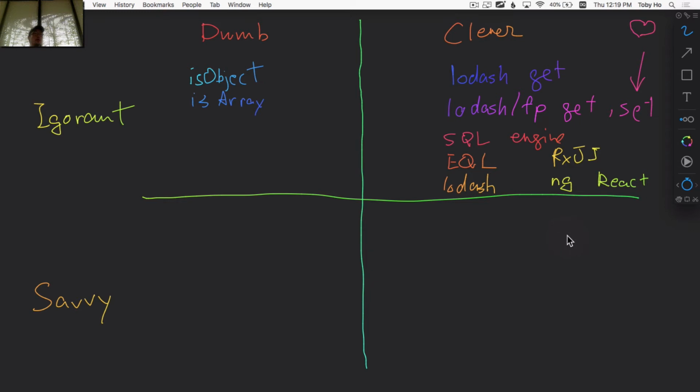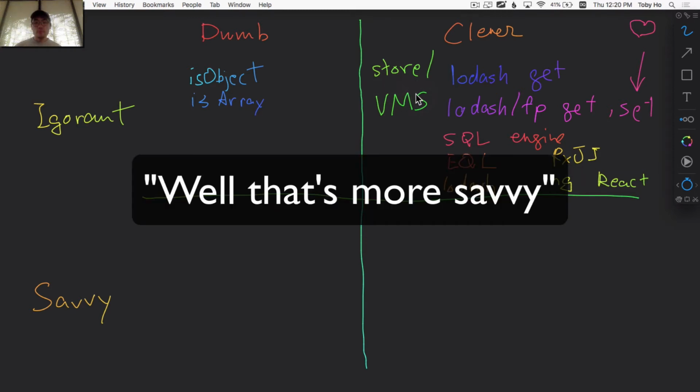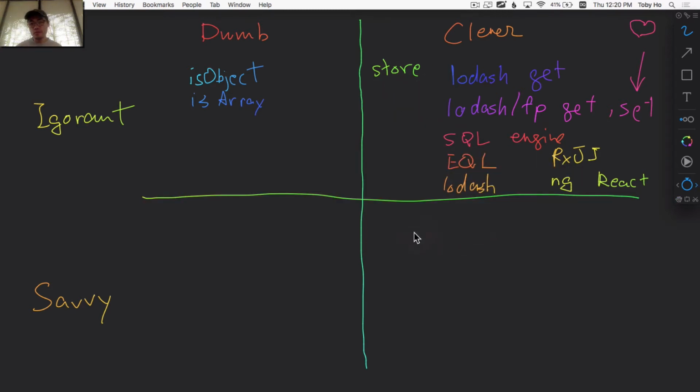You could have a lot of business terms in that code. Store is something that we engineered here. It's a concept that we prototyped and we're using now in our apps. For those who don't know, VMS is the view model store, which is sort of an extension of the store. Well, that's more savvy. So VMS, you're saying, should not be on a trajectory of going straight down into that quadrant.